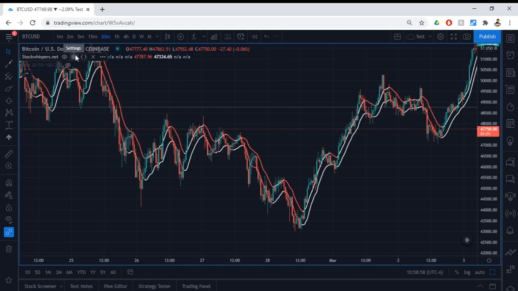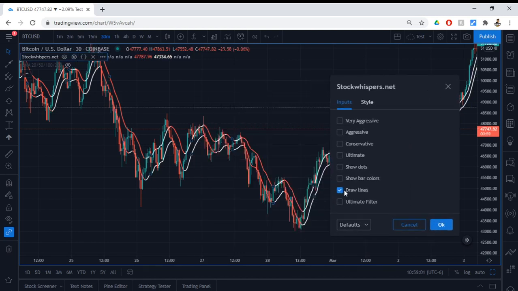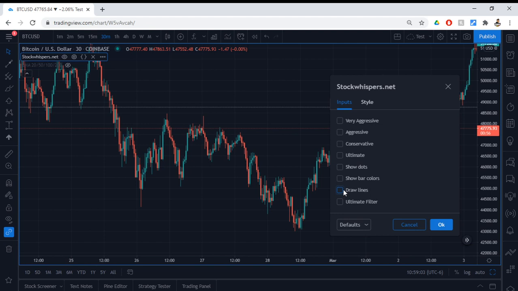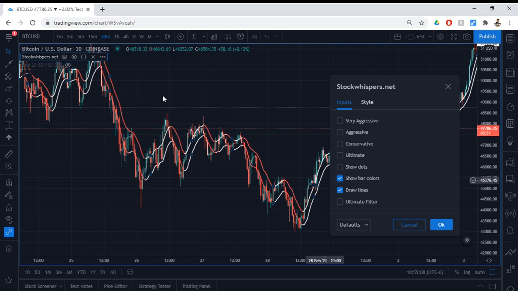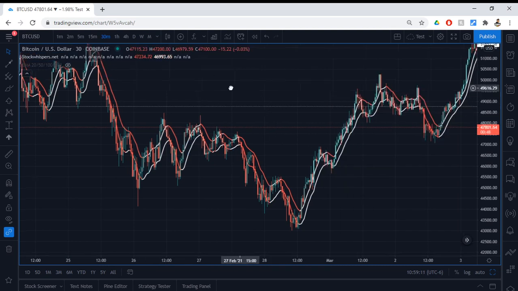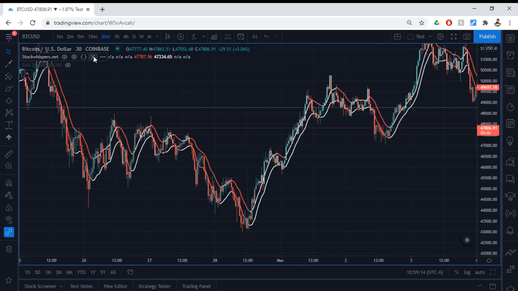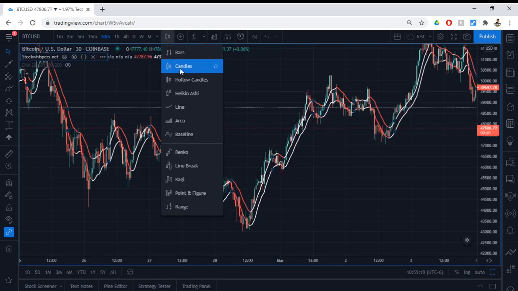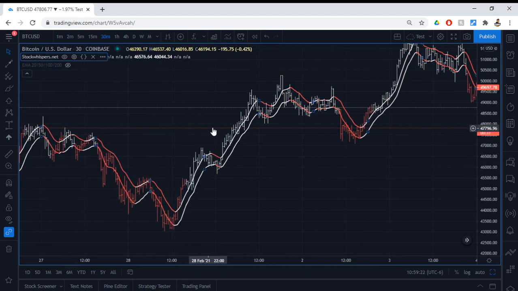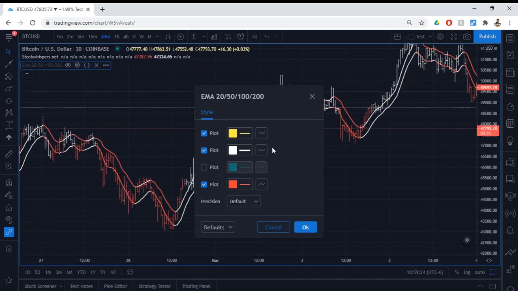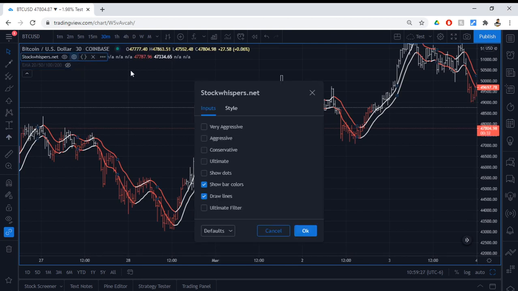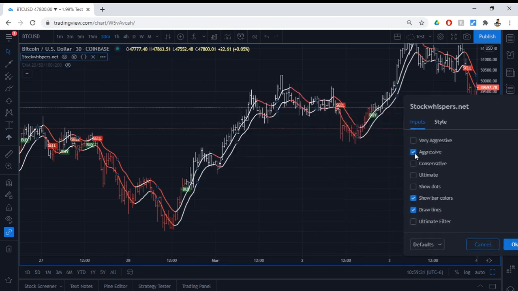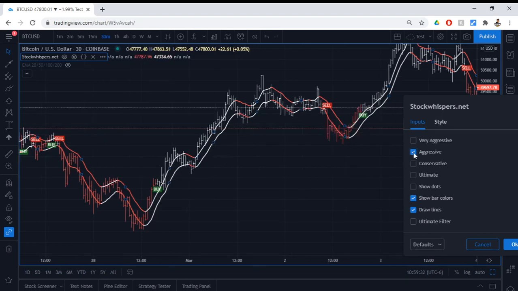Now let's go back here to the strategies. That's what pretty much everyone is interested in. So if you don't want to see the drawn lines, you don't want to see the bar colors, just so you understand what they are, the bar colors are relative to the very aggressive, the aggressive indicator. So if you see here, the color changes.